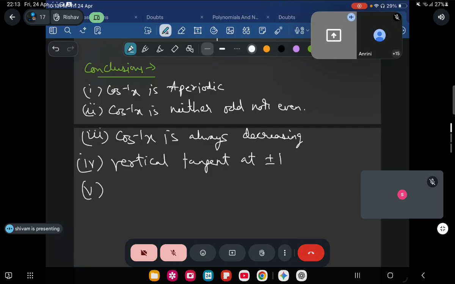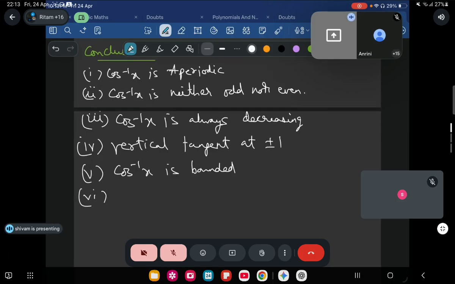Number 5. Cos inverse x is bounded. Next. Number 6. Maximum value will be pi. And minimum value of the function is 0.